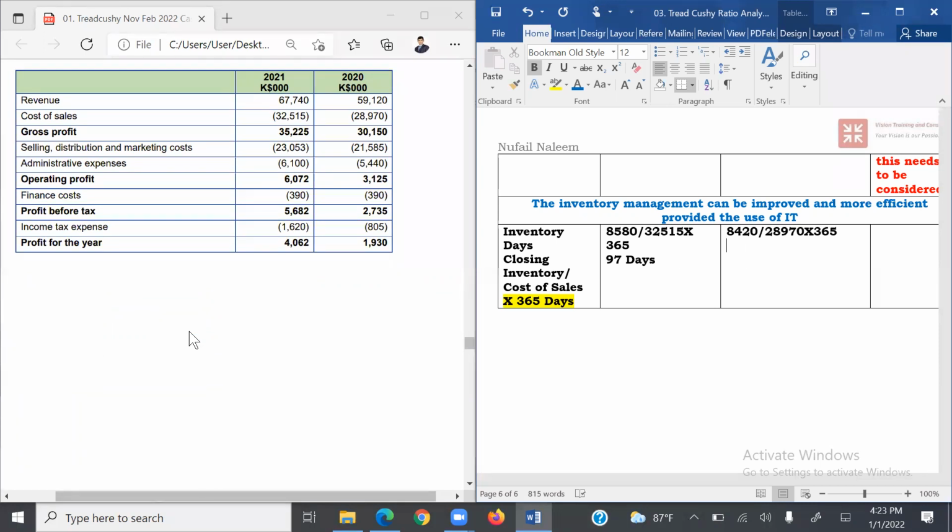Let's do the calculation, students. 8,420 divided by 28,970 into 365. I believe that is giving you an answer of 106 days. Correct me if I'm wrong, students. Yes or no? 106 days.